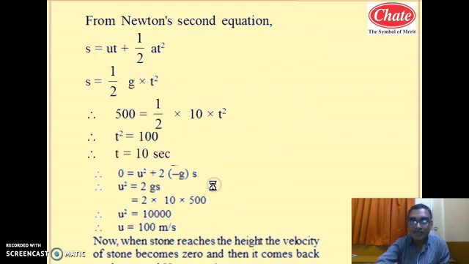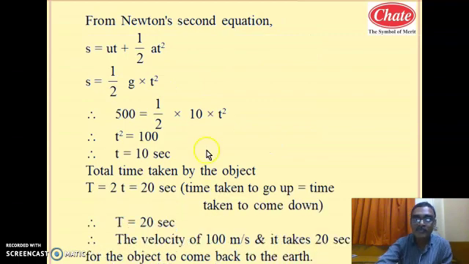Let us simplify the next part of this question. Now here we have to calculate the total time for which the object remains in air. For calculating that time, using Newton's second equation, s equal to ut plus half at square. Here substituting u equal to 0.